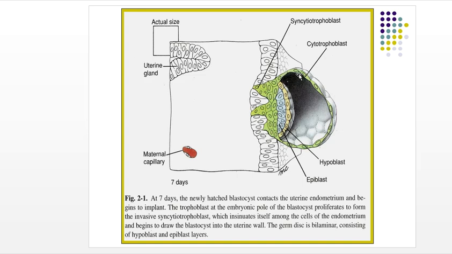The first layer that is made by the outer cell mass or trophoblast is named cytotrophoblast, and the cytotrophoblast does mitotic divisions and makes another layer whose name is syncytiotrophoblast or syncytium.